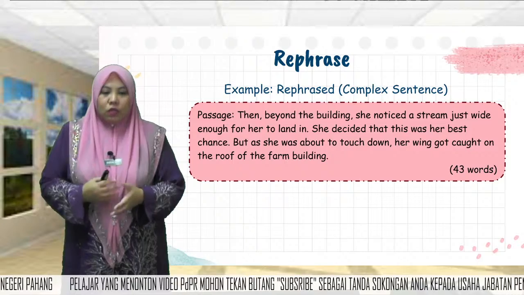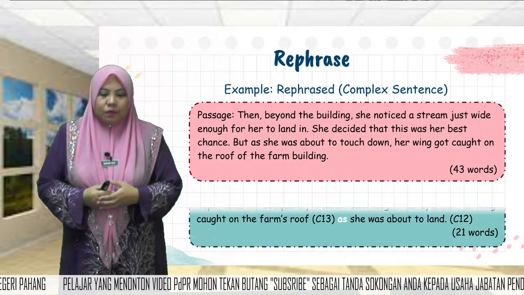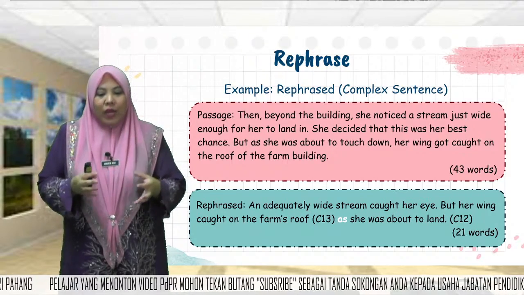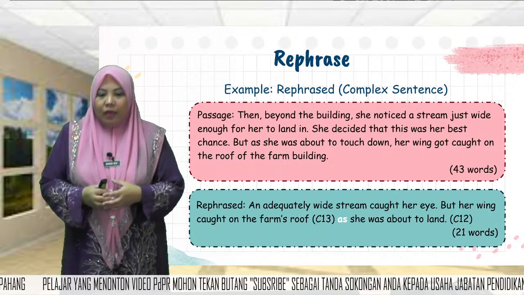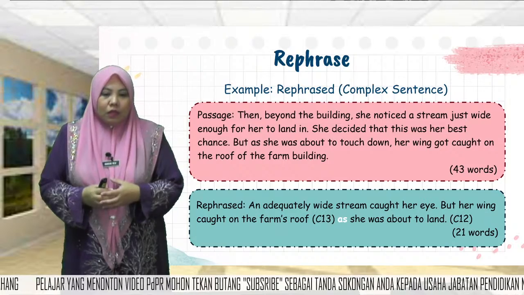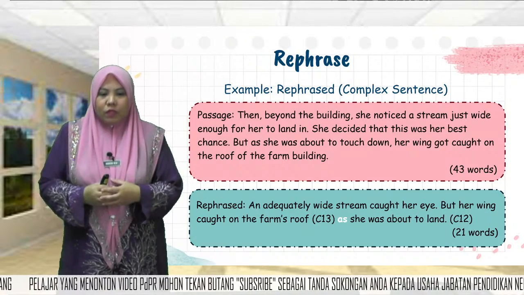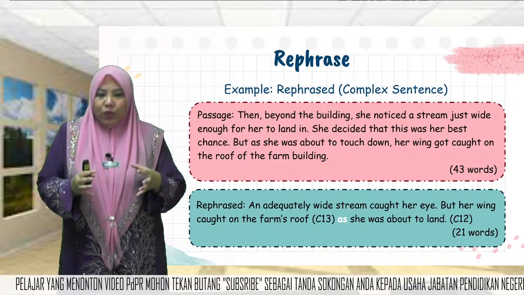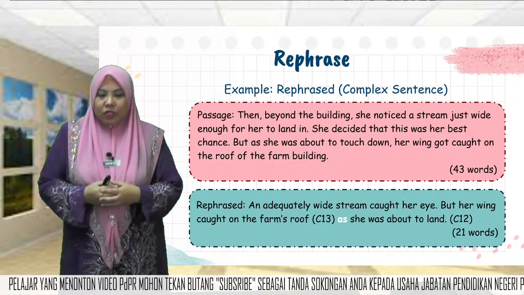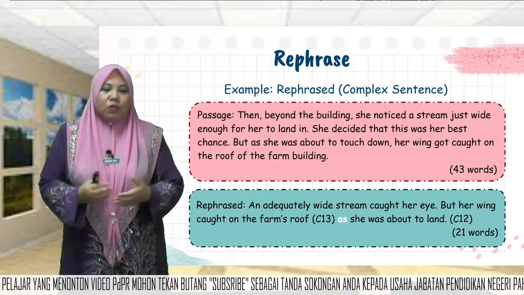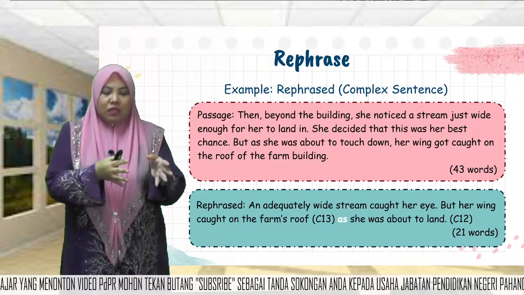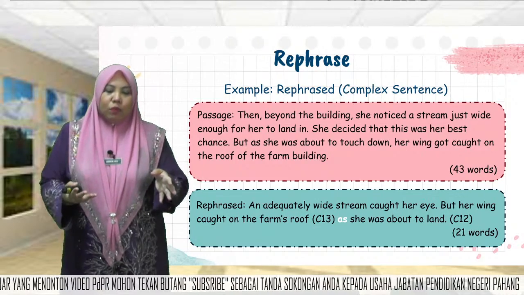Okay, so let's try and rephrase. It will become: an adequately wide stream caught her eye, but her wing caught on the farm's roof. That is content point 13, conjoined with a subordinating conjunction, which is "as": she was about to land. So she is stating content point number 13 first, and then content point number 12.